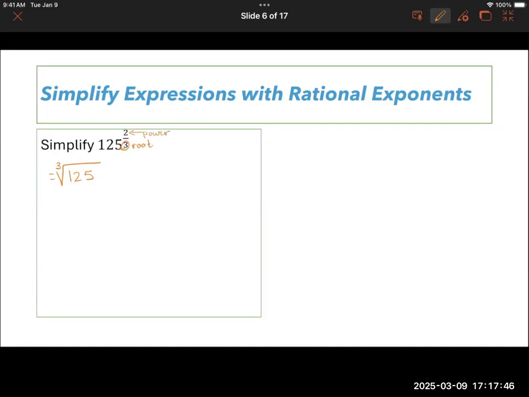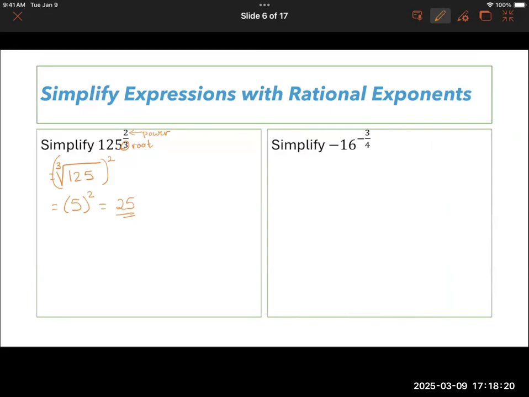So now you have to decide, would it be easier to square first and then take the cube root, or to take the cube root first and then square it? I would opt for taking the root first and then squaring. To me, that seems simpler. And the cube root of 125 is 5. So then I can take 5 squared, and I get 25 as my answer. Okay.